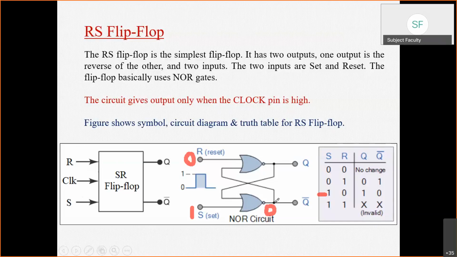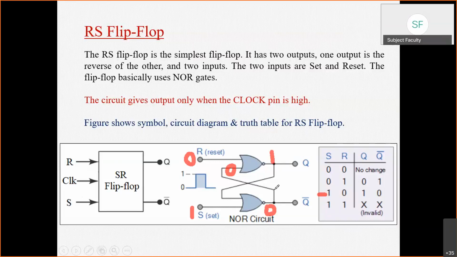Now I am propagating this 0 here because this is nothing but one connection. So now we know both inputs to this NOR gate are 0, 0. Whenever both inputs to the NOR gate are 0, 0, the output is 1.